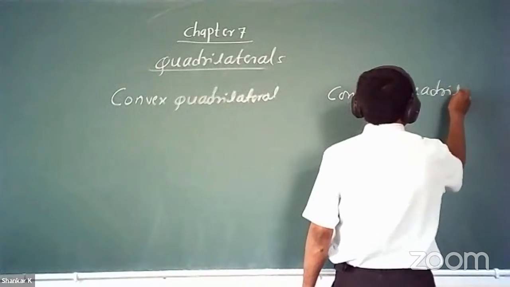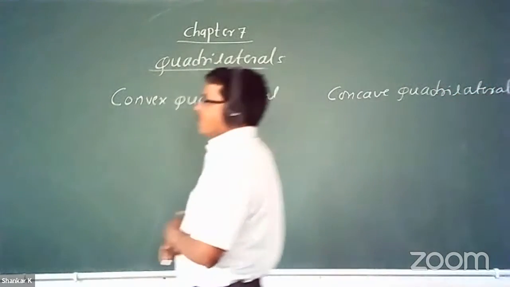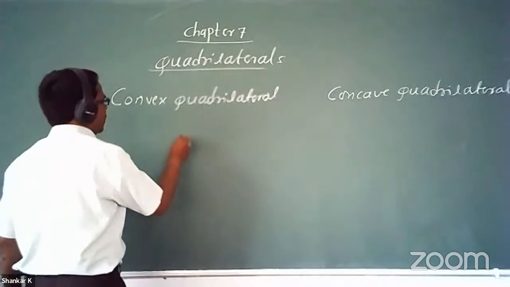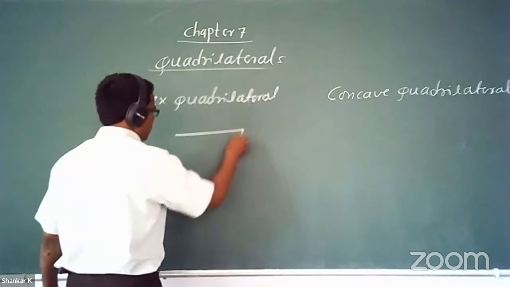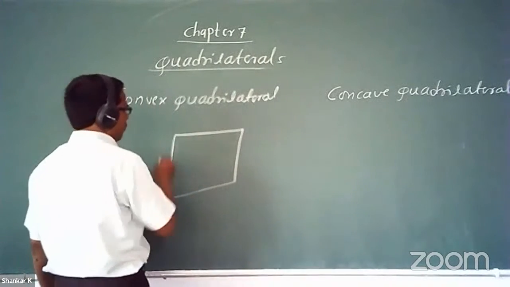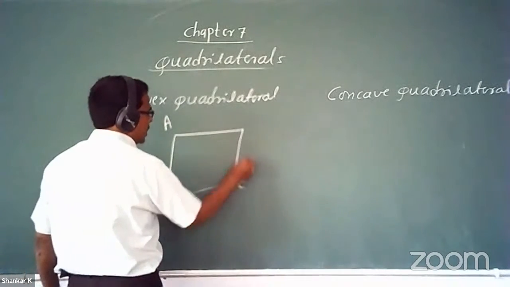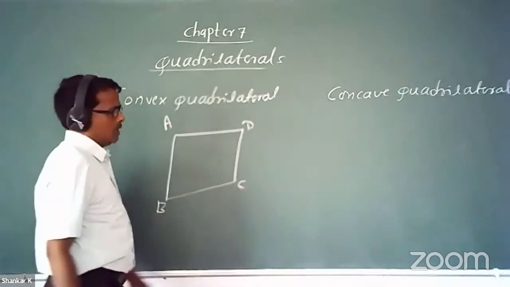For the convex quadrilateral, I'll draw one diagram and explain it. It is a four-sided closed figure ABCD, a quadrilateral.